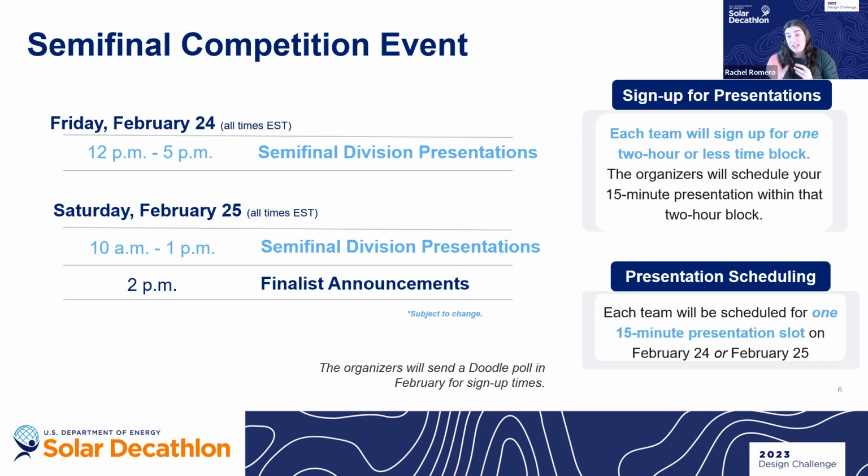You have an 8-minute presentation followed by a short Q&A, and we will transition to the next team. So you'll pick a time block. Let's say you pick the Friday from 12 p.m. to 2 p.m. Eastern Standard Time. You may have a 1:45 presentation. We will slot you in that. So please make sure your team is available for that entire block.